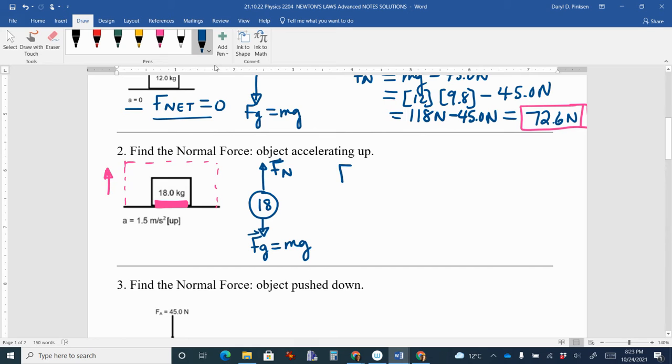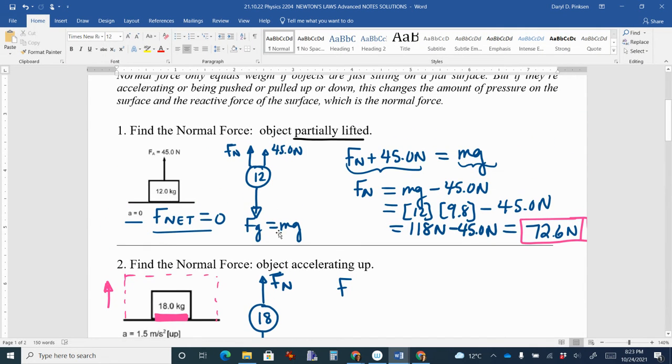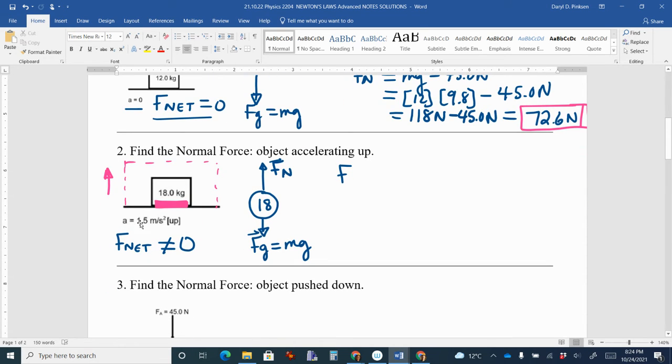So here's what we would say. We know now, in this case, the F net is not 0. We can't assume that the up forces and the down forces are equal to each other like we did in the previous example. Here we were allowed to say the up forces and the down forces are equal because we had an acceleration of 0. But because our acceleration is non-zero, we have a net force. There must be more force in one direction than the other. And in this case, it's going to be upwards.